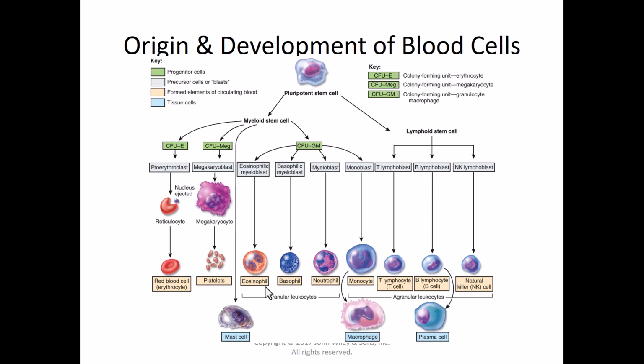They go through and they essentially eat up old worn out cells and foreign things. And then finally, the pluripotent stem cell that becomes the lymphoid stem cell can become T, B, and natural killer lymphoblasts. They become T cells, B cells, and natural killer cells, which are very specific types of white blood cell that are involved in specific or acquired immunity.